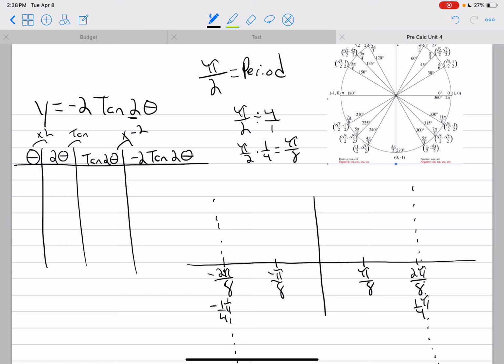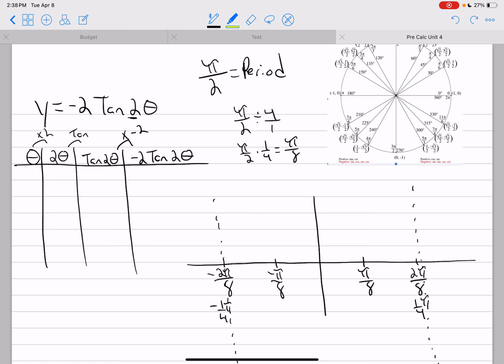All right. I know all my important pieces. And now I'm just going to start finding my important inputs. Here, here, and here. Because I know this and this are undefined. So let's see what happens.